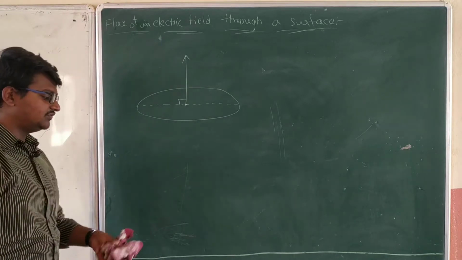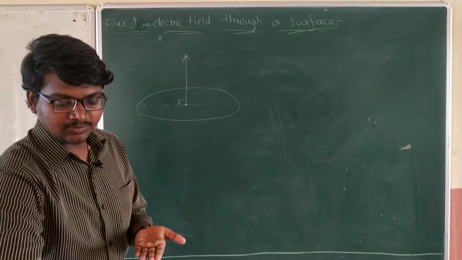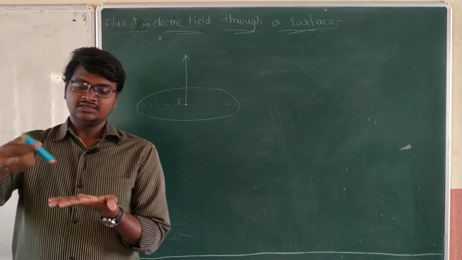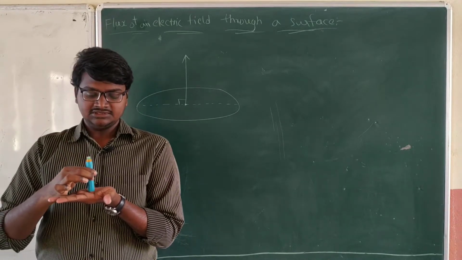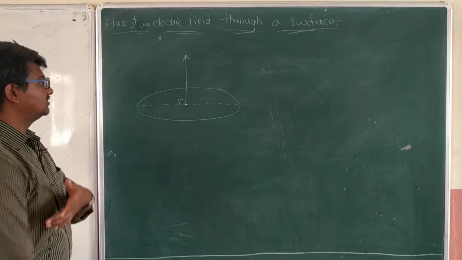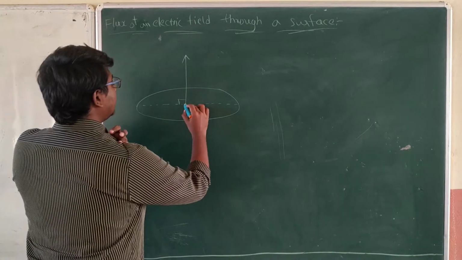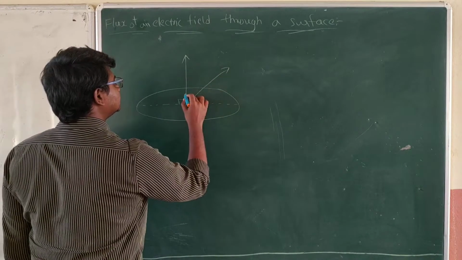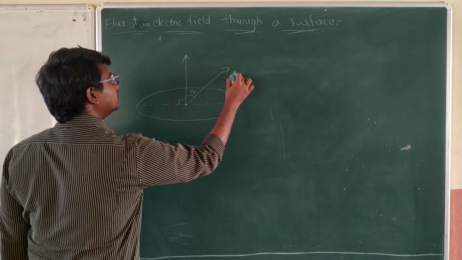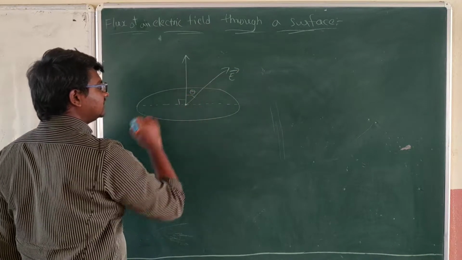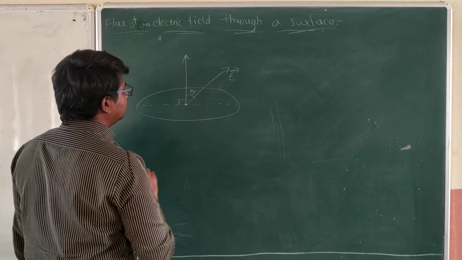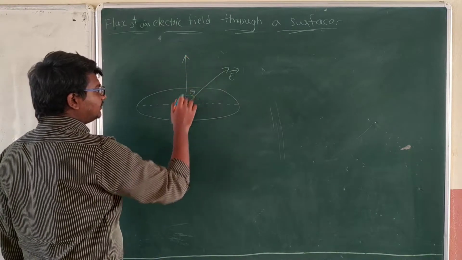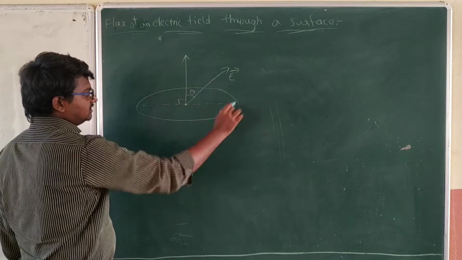If you take any book or any plane in this manner and keep a line exactly perpendicular to that, that is the thing we have drawn on the board. Now some electric field E bar is making an angle theta with the perpendicular of this surface.